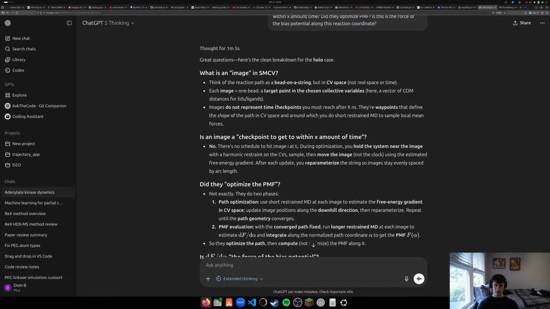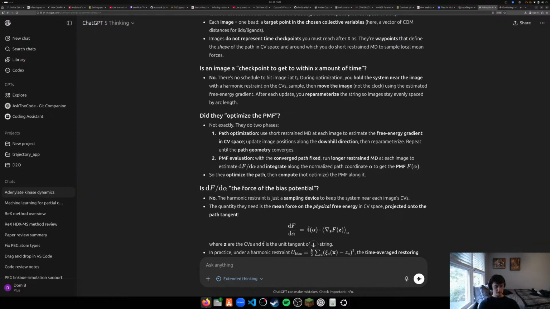There's no schedule to hit. During optimization, you hold the system near the image with a harmonic restraint on the CVs, sample, and then move the image, not the clock, using the estimated free energy gradient. After each update, you reparameterize the string so the images stay evenly spaced by arc length. Okay, that makes sense.